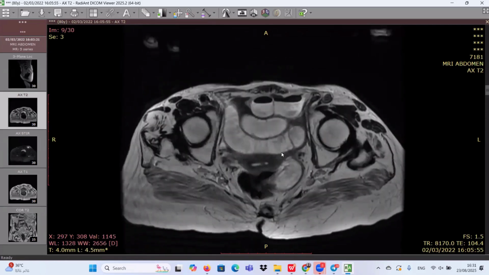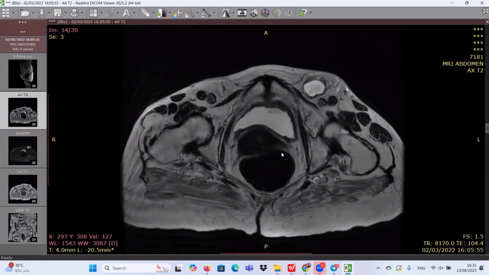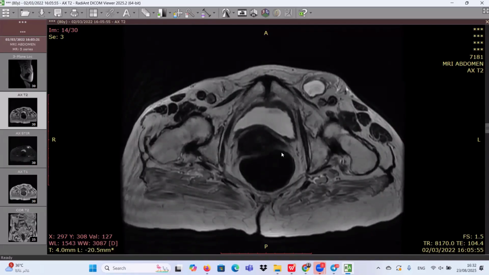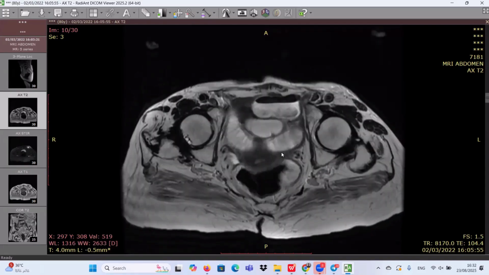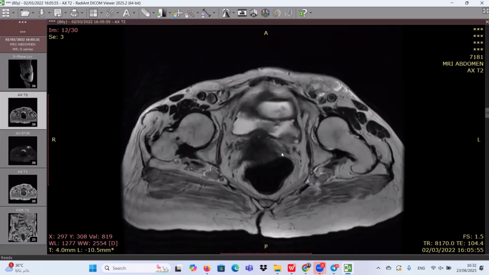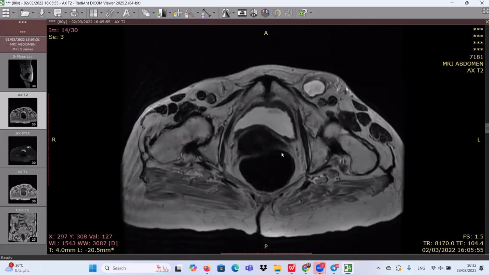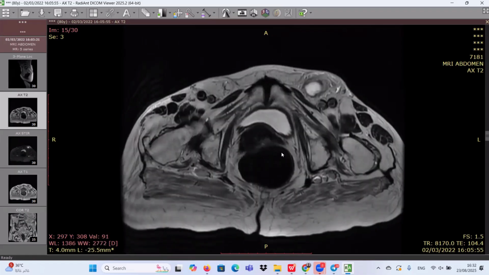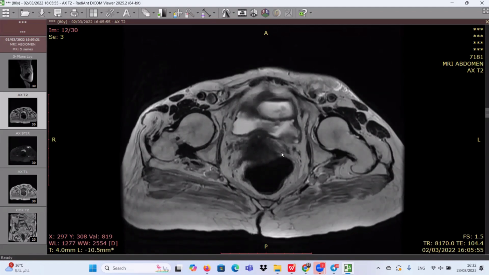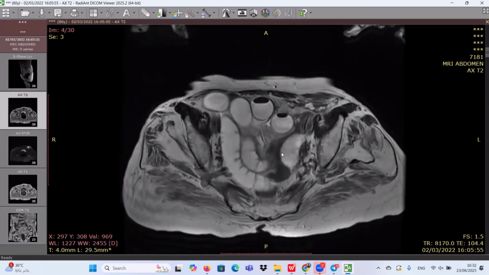Also on the left inguinal region. Very nice. What is that? Is there a hernia? Yeah, herniation. We have a left side groin hernia. Is it related to this bowel dilatation?